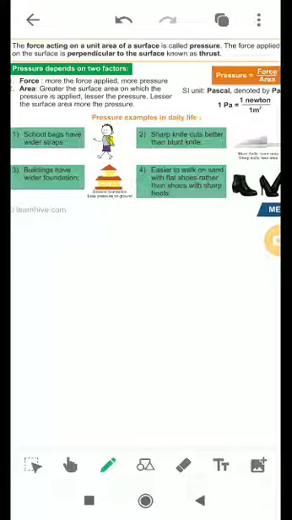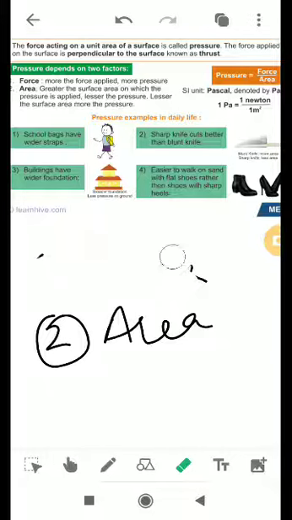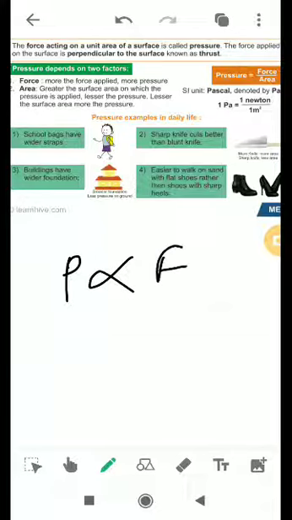So pressure depends upon two things: first is the force and second is the area. Pressure is directly proportional to force. So when the force is greater, then the pressure is also greater. When the force is less, then the pressure is also less.